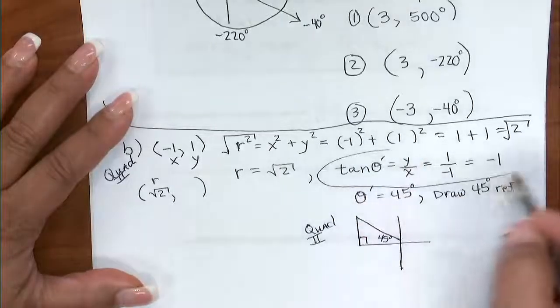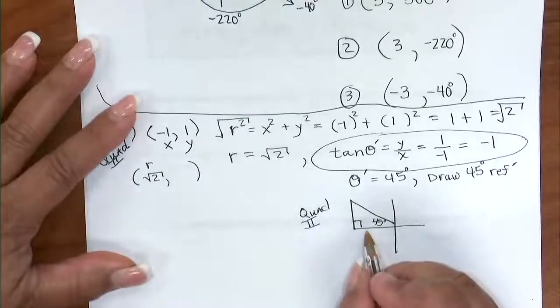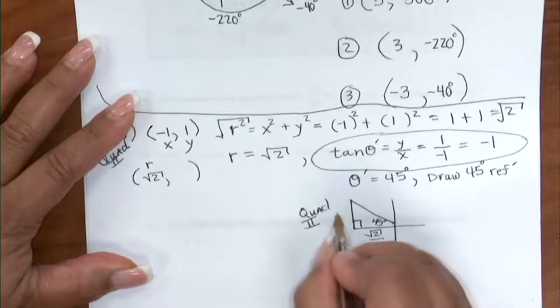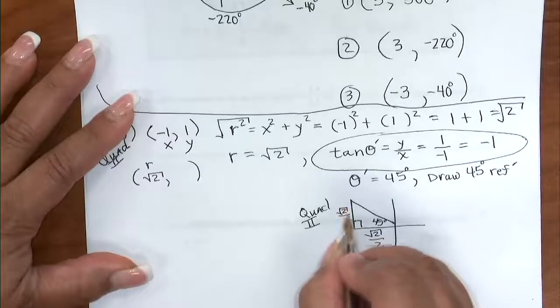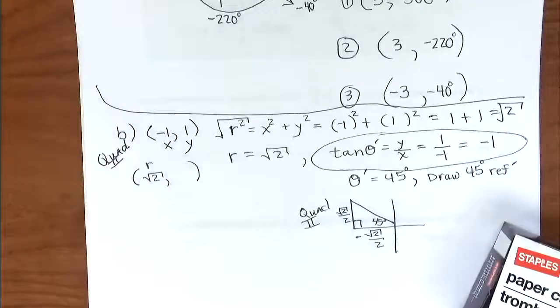The tan is -1 in that quadrant, which you can prove to yourself. Both of the legs are square root of 2 over 2. Not that you have to do this, but this one would be negative, that one would be positive when you're in a 45 degrees. So do you see that the tan, like it says right here, was supposed to be -1? It is -1. This over this is -1.